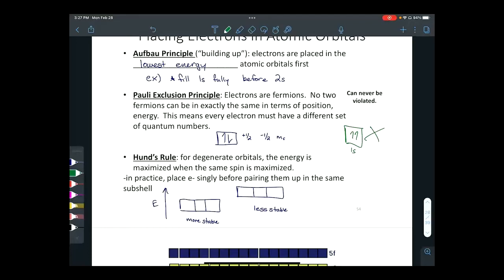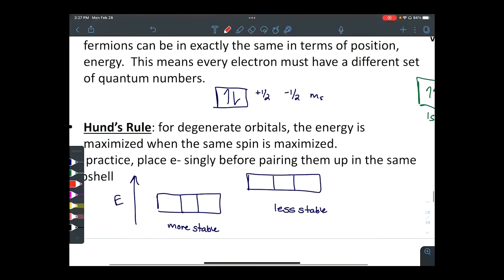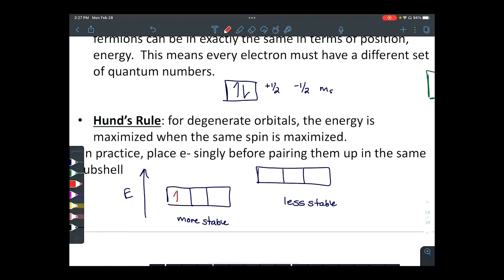Hund's rule says that when you have larger orbitals and you're placing your electrons, you want to spread your electrons out as much as possible before you start to place them close in the same space. In practice, when we have a p orbital and let's pretend we have to place 3 electrons in these p orbitals, you want to spread them out.